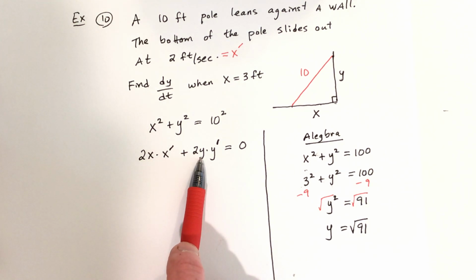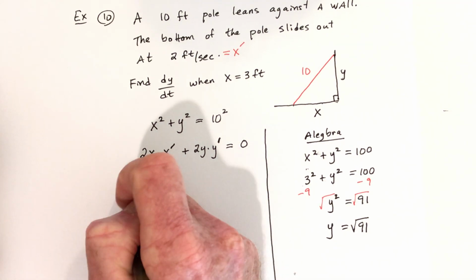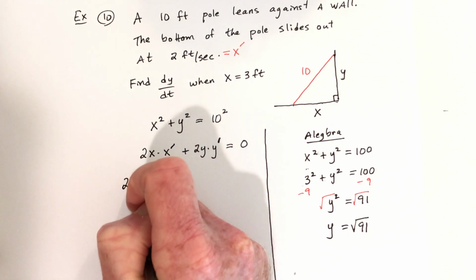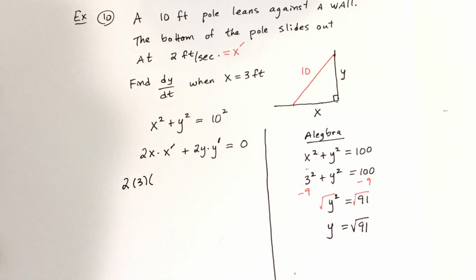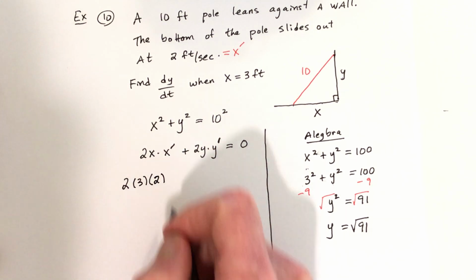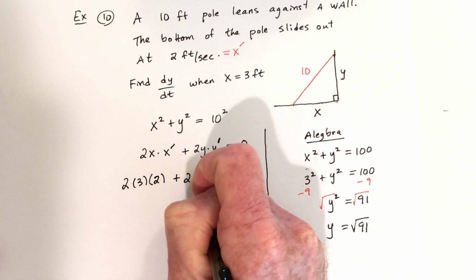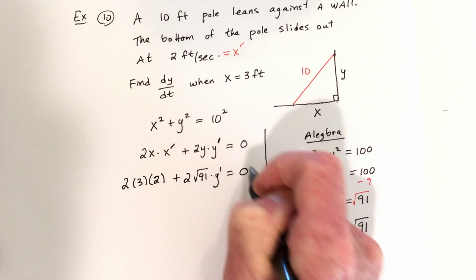And this will be the square root of 91 that we got over here for the y. So this is going to say 2 times 3, and then times x prime, which is 2, and then plus 2 times the square root of 91 times y prime. And then it still equals 0.